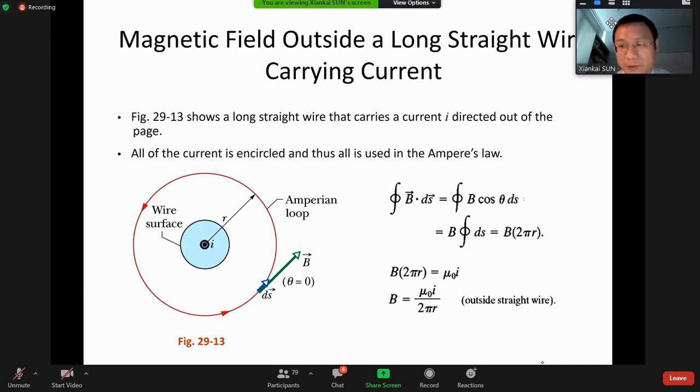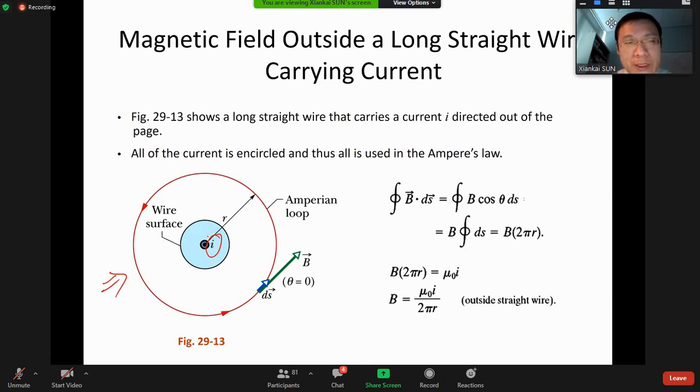On page 58, we are looking at the problem of a magnetic field outside a long straight wire carrying current. As shown in this figure, there is a long straight wire that carries a current I directed out of the page. We want to find the magnetic field outside this long straight wire.